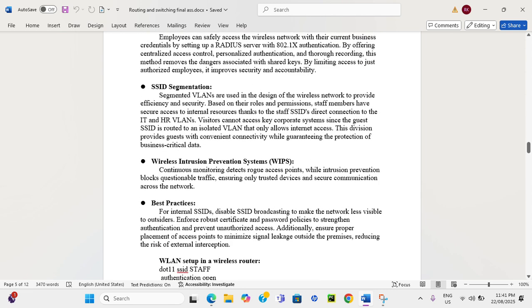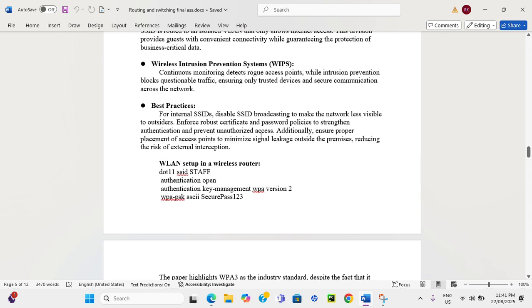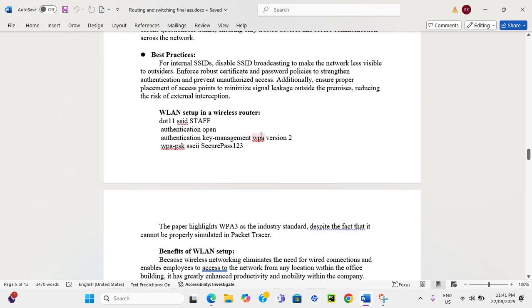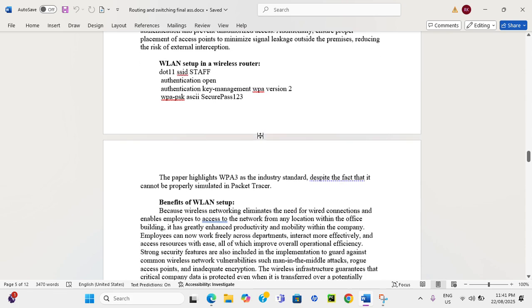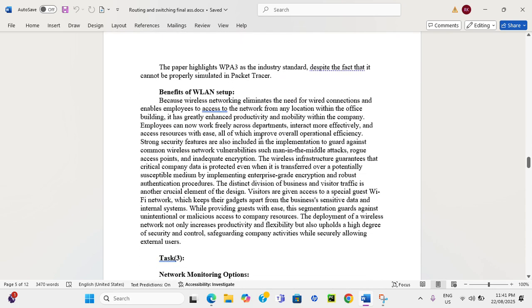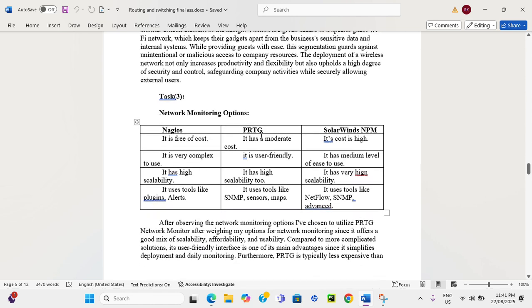Network monitoring is essential too. So I decided to use PRTG Network Monitor, which is scalable, user-friendly, and has a reasonable price, using SNMP and sensors.